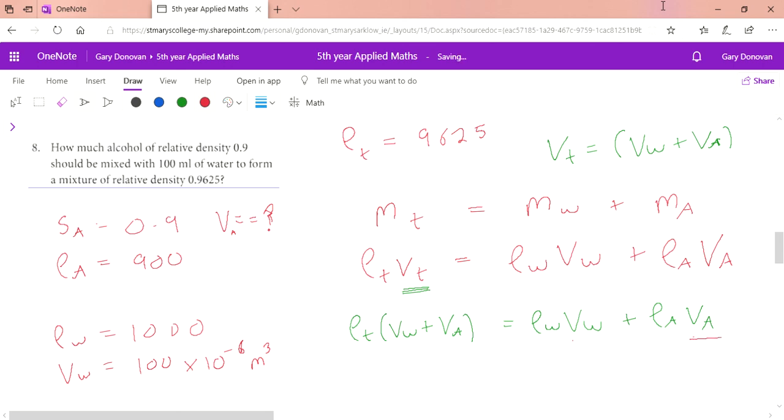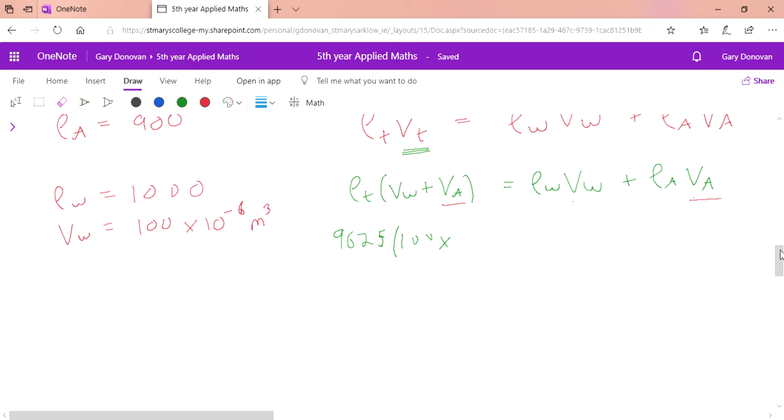So we can say density total is 9625 times the volume of the water, which is 100 times 10 to the power of minus 6, plus volume of the alcohol, equals density of the water, which is 1000 times 100 times 10 to the power minus 6, plus density of the alcohol, which is 900 times VA.